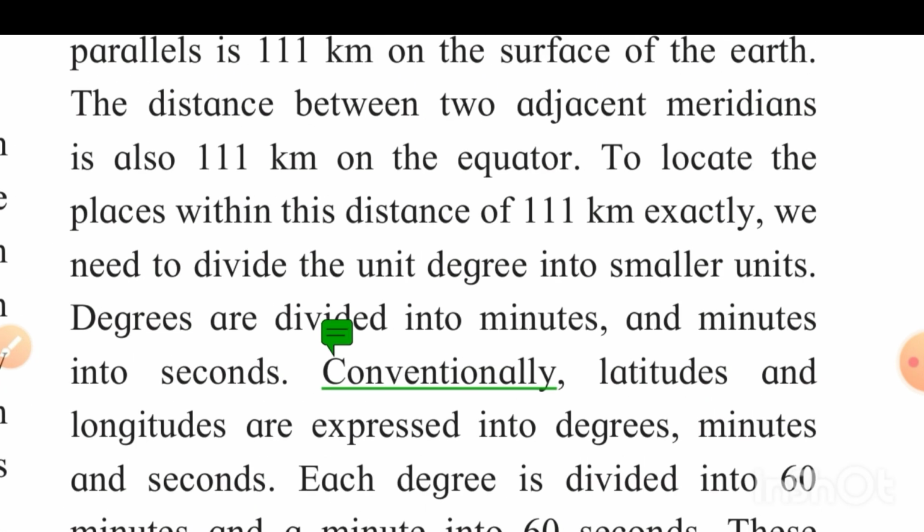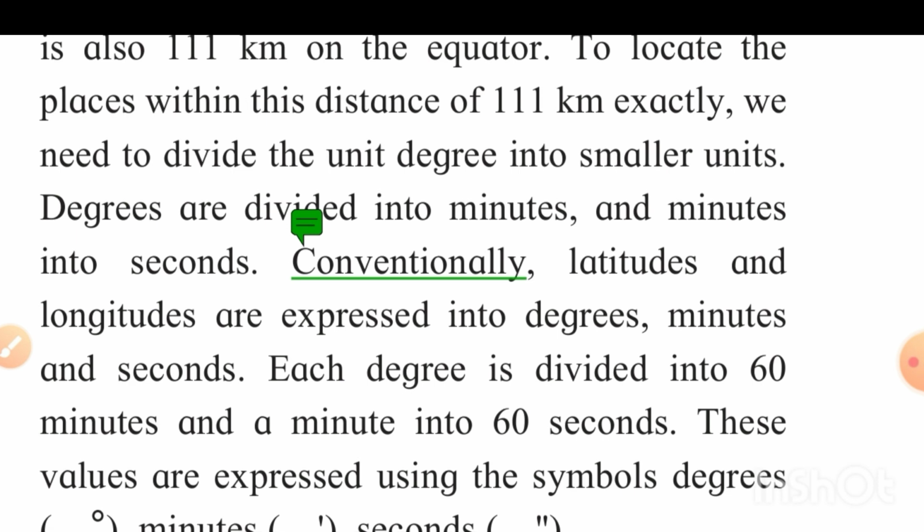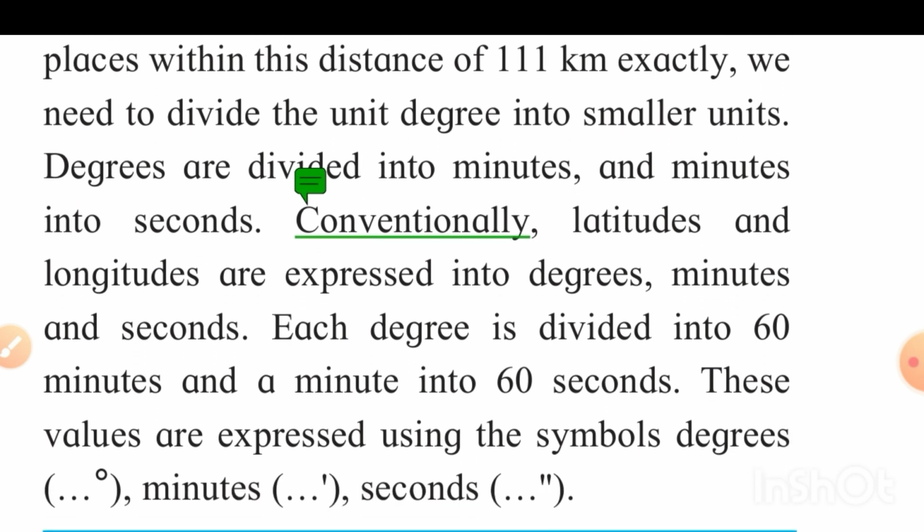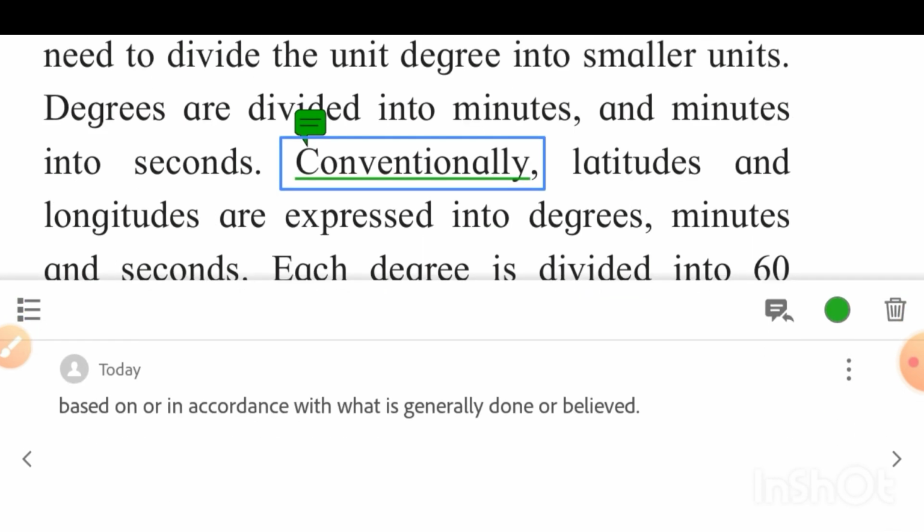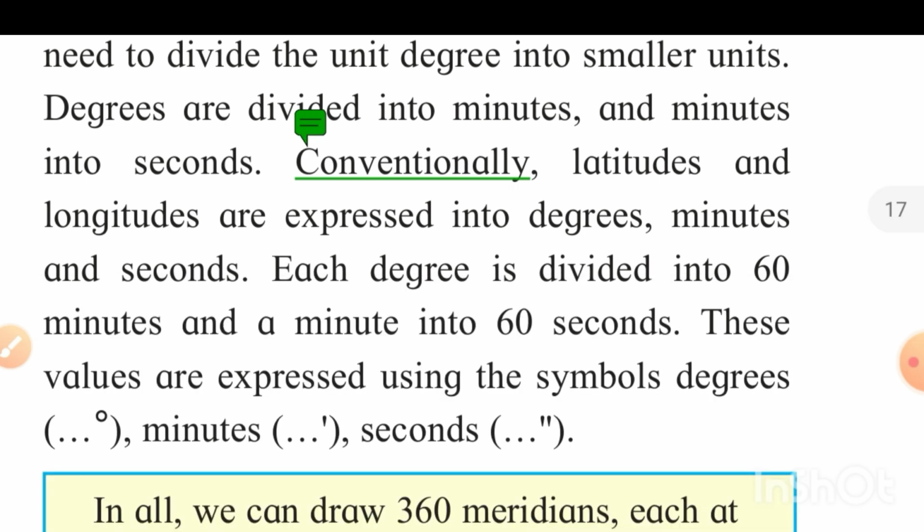Degrees are divided into minutes and minutes into seconds conventionally. The meaning of conventionally is something which is generally done or believed. So latitude and longitude are expressed in degrees, minutes and seconds. Each degree is divided into 60 minutes and a minute into 60 seconds.